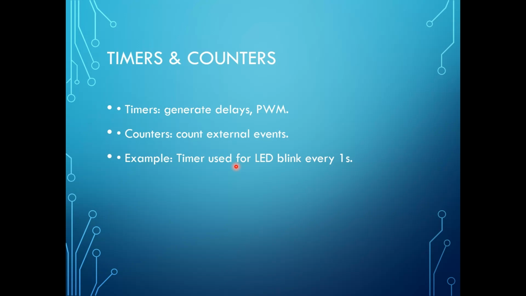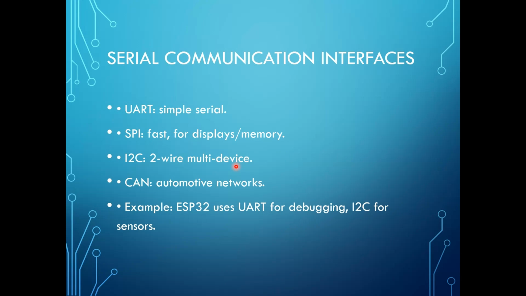Timers also give PWM, which controls motor speed or LED brightness. Without timers, real-time control would not exist. So that's the use of timers, and a counter is just counting the external events happening in the real world.